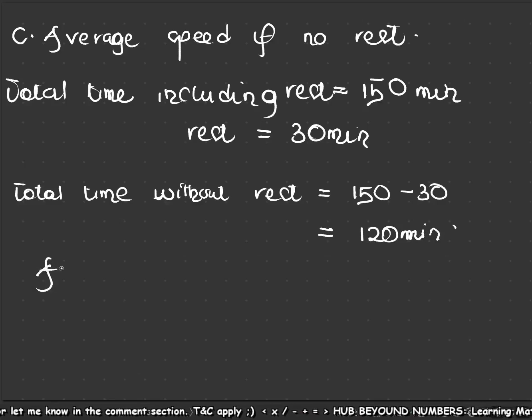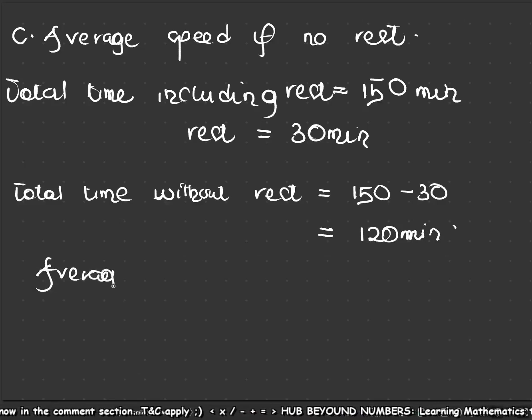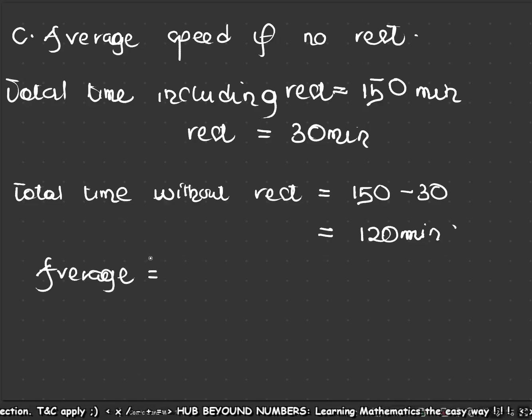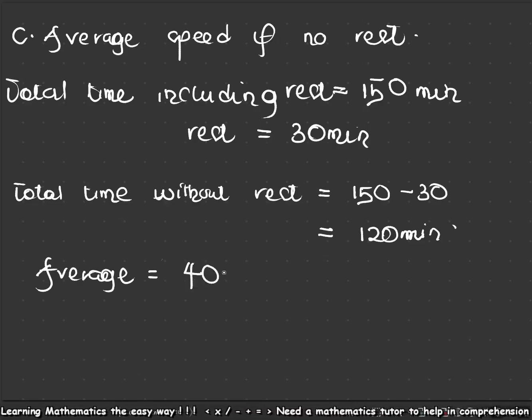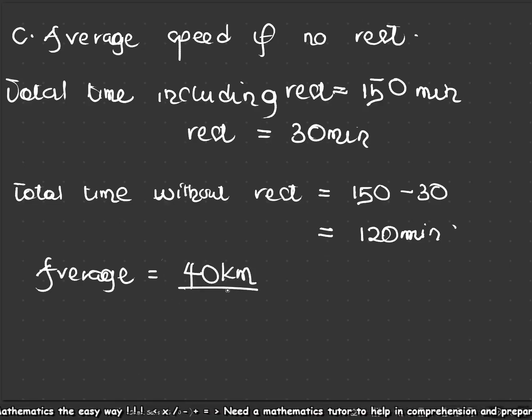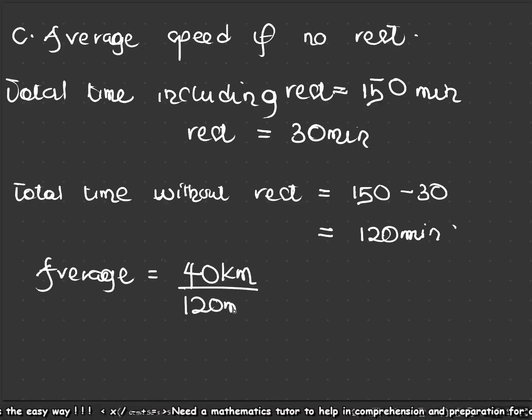So then our average speed, which you know to be distance over time. What is the distance? The distance still remains 40, because from its initial position, the first town to Kadungu was what? 40. So that is 40 kilometers all over 120 minutes.